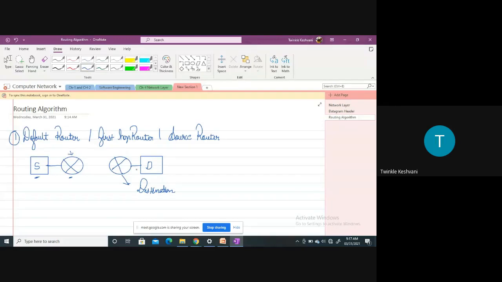Now basically, the routing algorithm is classified into two types.